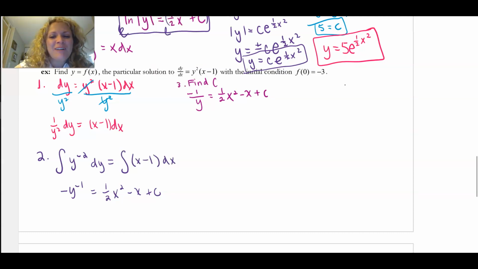All right, so as we plug in this initial condition, 0, -3, anywhere I see my y, I'm going to plug in a -3. And I would still show work here, even though I know everything except for c is going to go to 0. You really want to show your work.